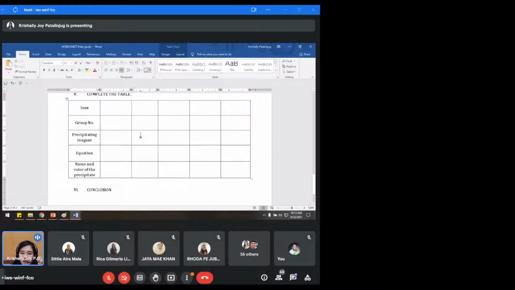Kapag nilagay mo ammonium sulfide, what environment? Acidic. So pwedeng ilagay mo yung acid solution na ginamit: ammonium sulfide with HCl, ammonium sulfide with ammonium hydroxide.